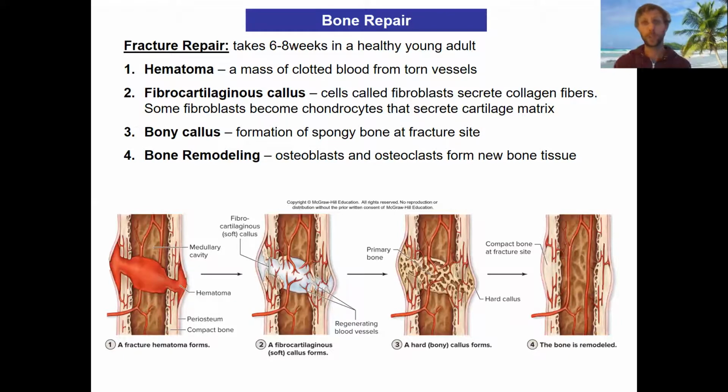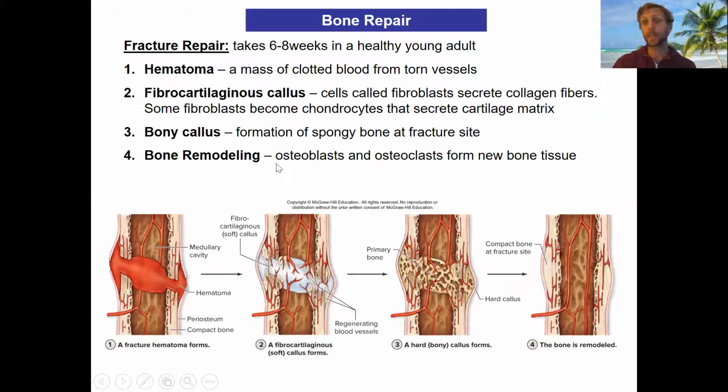But we just learned, right, that bones can remodel. So just because we put some spongy bone into this area of the fracture doesn't mean that that's what has to stay there permanently. We can, of course, start to do remodeling to maximize for stress and so on. So sure enough, our fourth step of the fracture repair is exactly that.